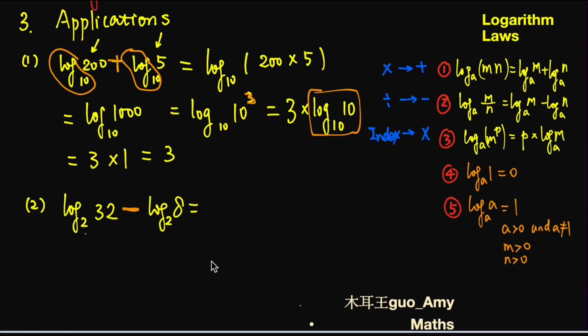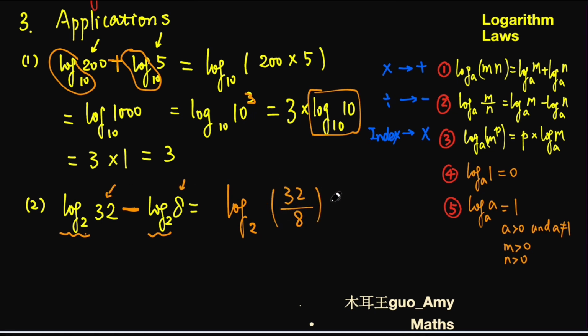For the second example, we have logarithm 32 to base 2 minus log 8 to base 2. They have the same base, and the operation involved is minus. Then we can use the second law. It will be converted to log to base 2, and the two arguments will be converted to division.